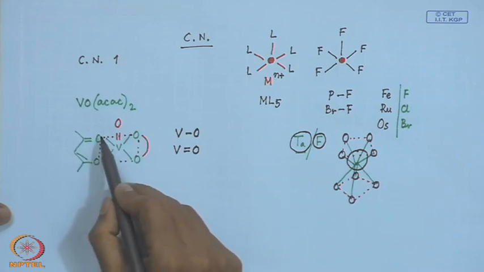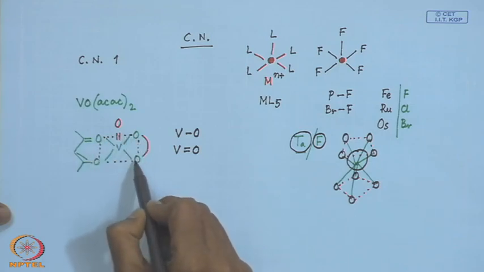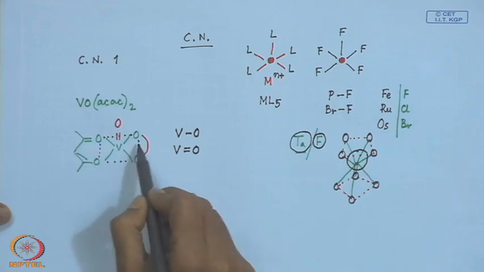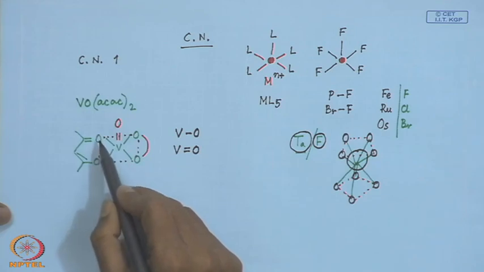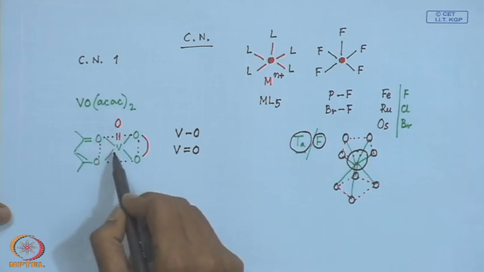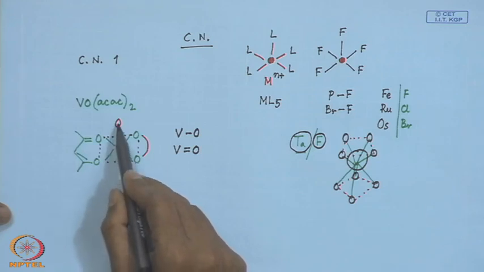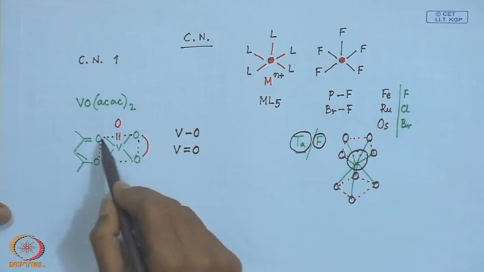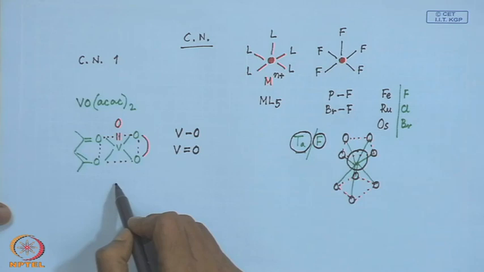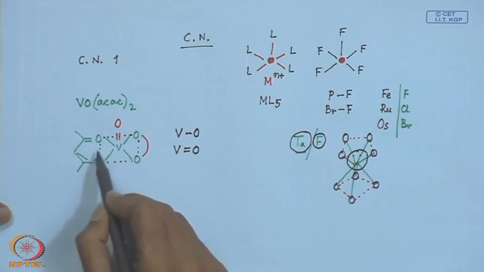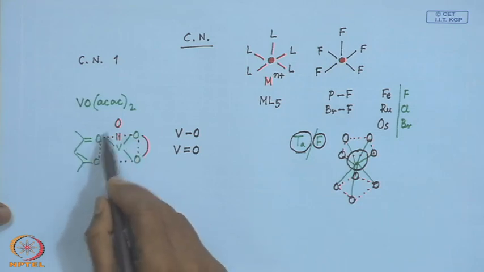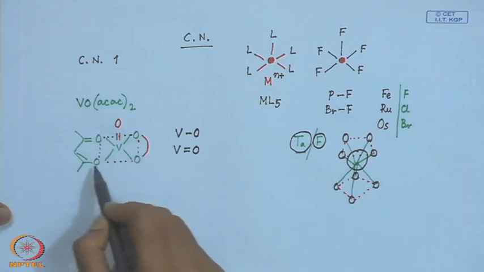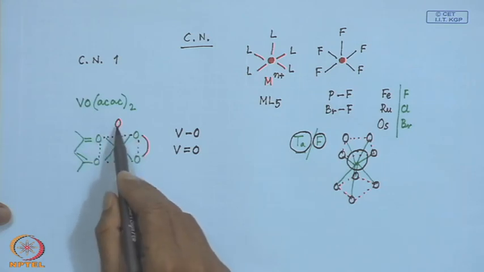When all 4 positions in a square plane are occupied, the vanadium-oxygen double bond must be either above this square plane or below it. So we basically get a square pyramidal geometry, where the square plane is the base and the apex of the pyramid is the vanadium-oxygen double bond.